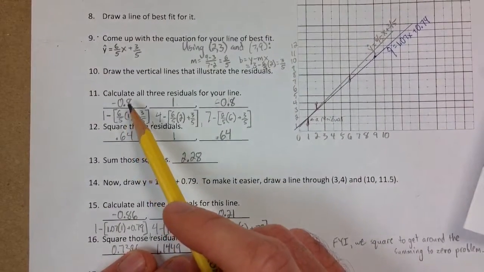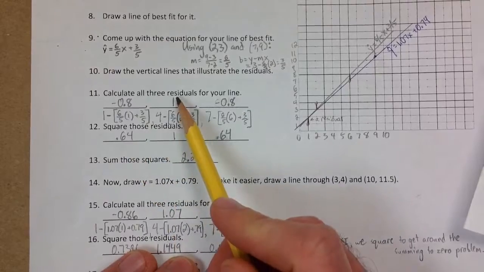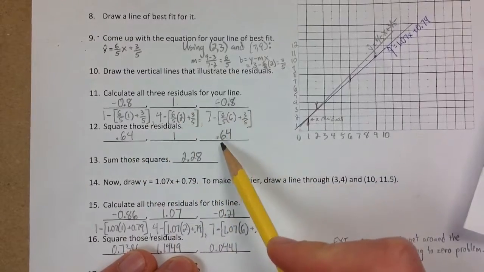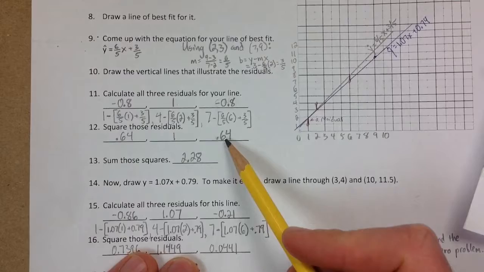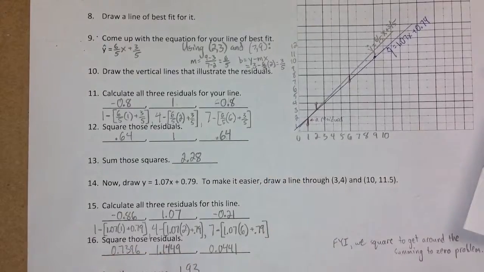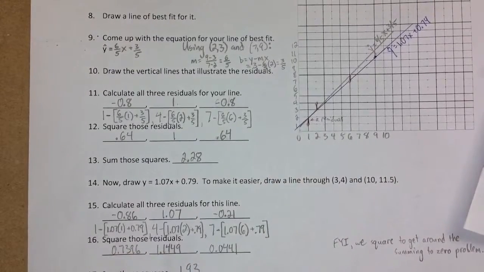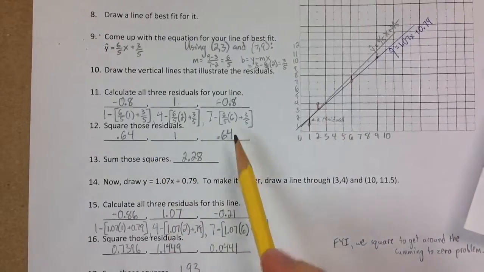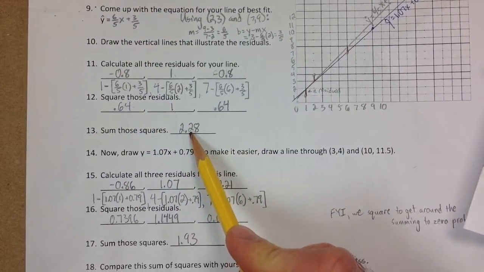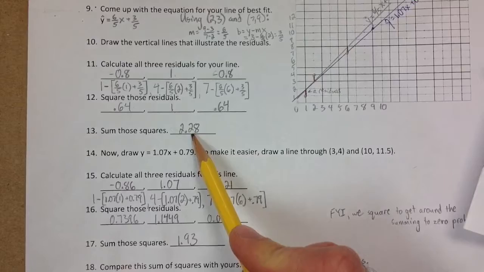So negative 0.8 times itself is 0.64. 1 squared is 1, and again, 0.64. Then to get a measure of overall error, even though it's squared, we can add those up. So the sum of the squared errors is 2.28.